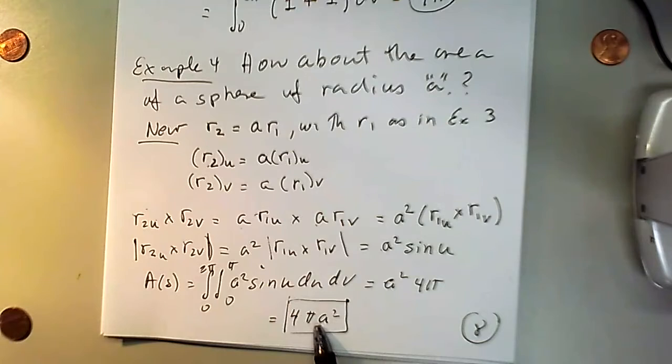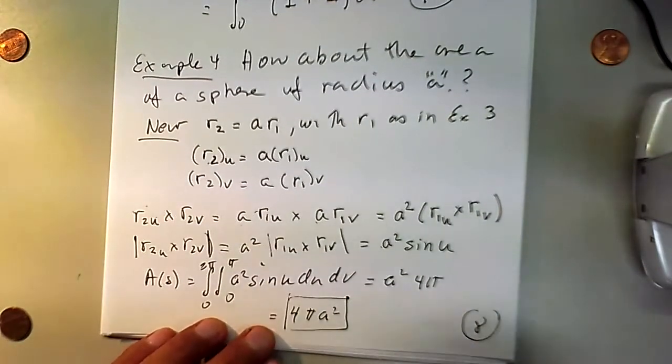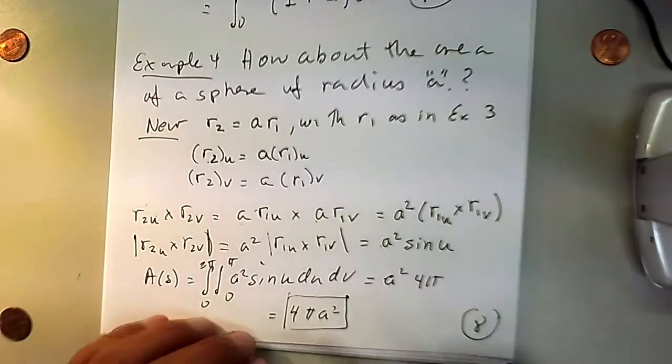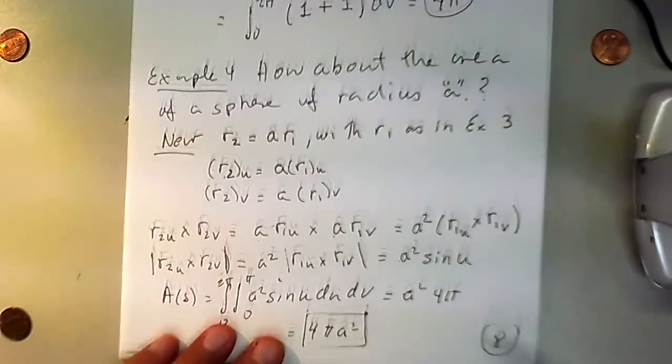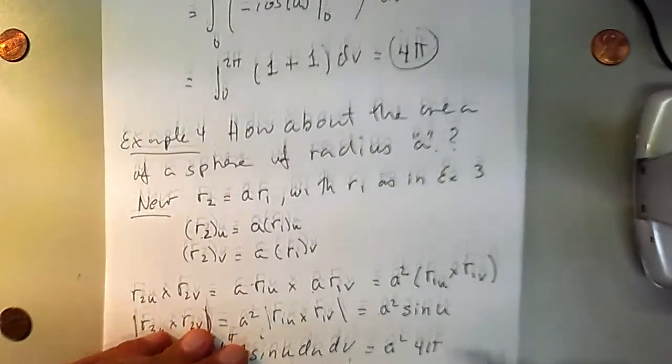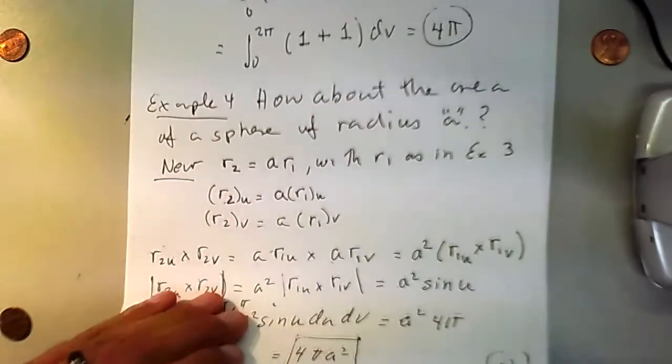If you didn't know that, now you know it. And you can check that by using calculus 2, because a ball is really a semicircle rotated. So there's a couple of ways to double check that this is the correct answer. But now you have a way to figure out why it is so.